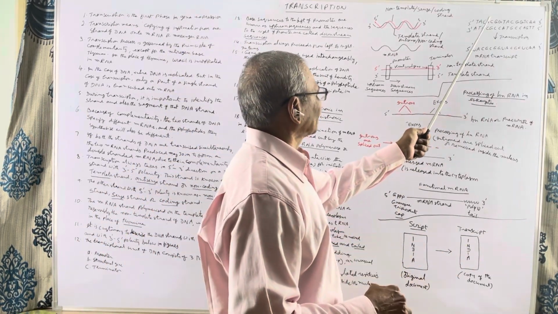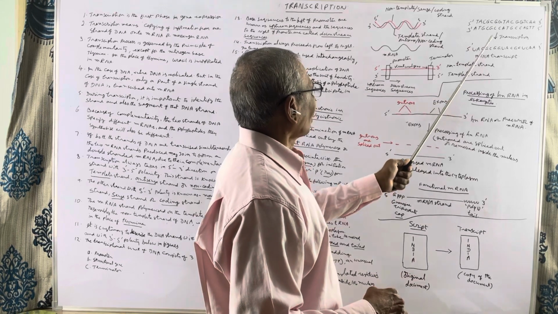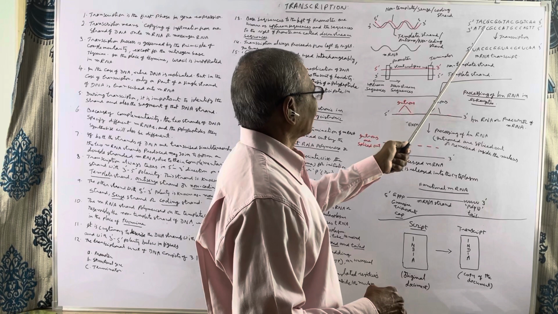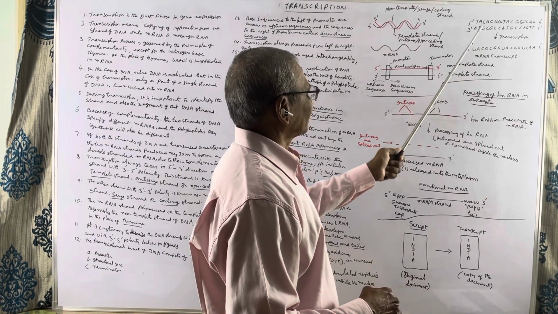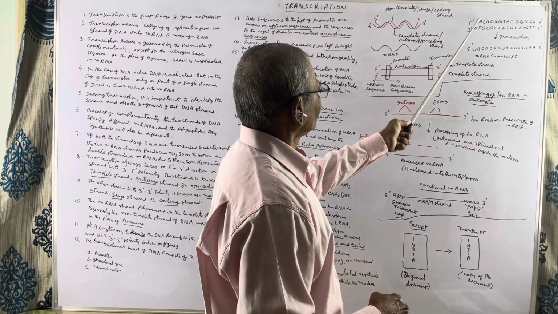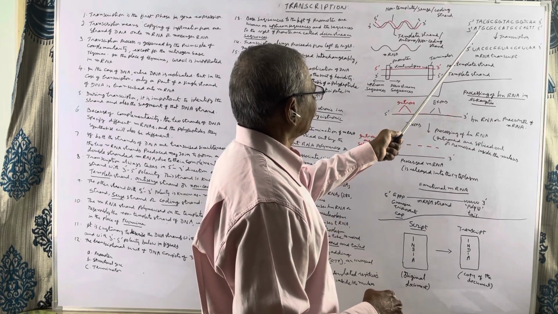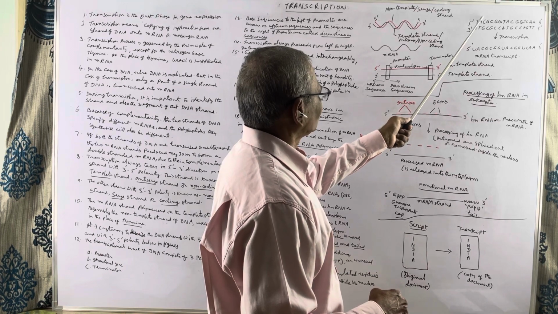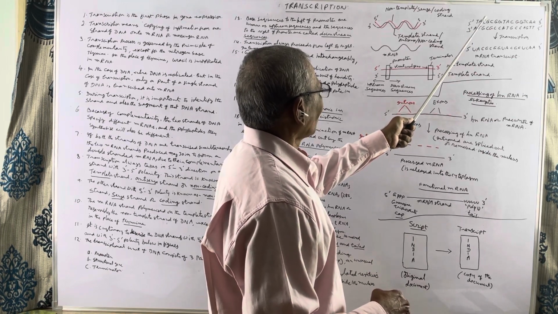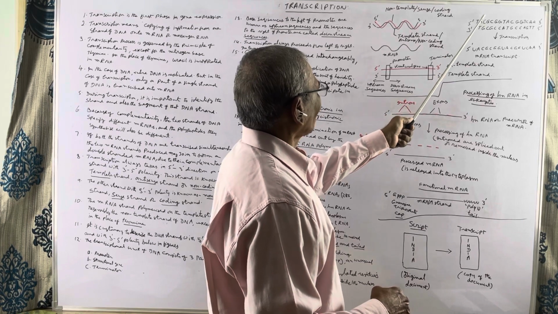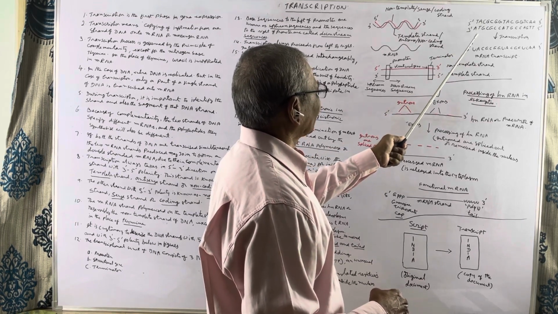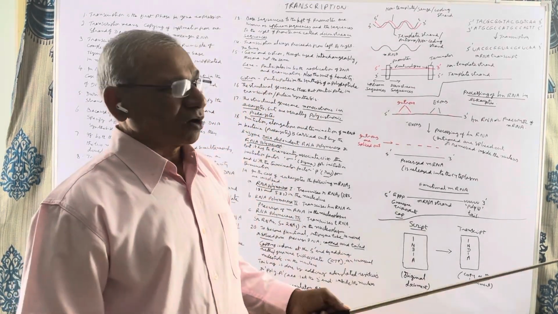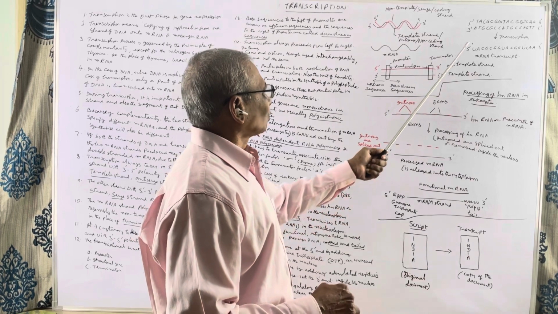So this strand is known as sense strand or coding strand. And this is known as antisense strand or non-coding strand, because the coded information is this one, not this one. Though a copy is made from this strand, the coded information is from this strand. So this is known as coding strand or sense strand or non-template strand. This strand in 3'5' direction from which mRNA is made is known as template strand or antisense strand or non-coding strand.